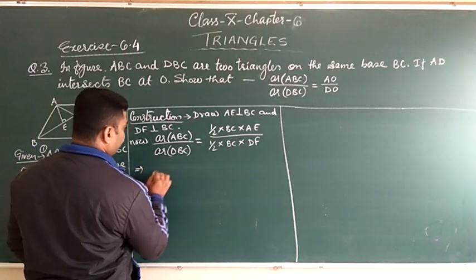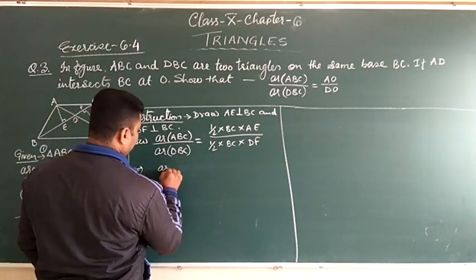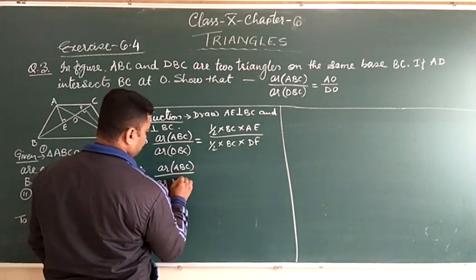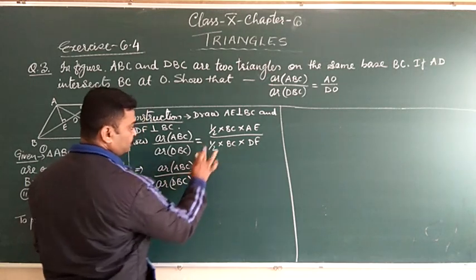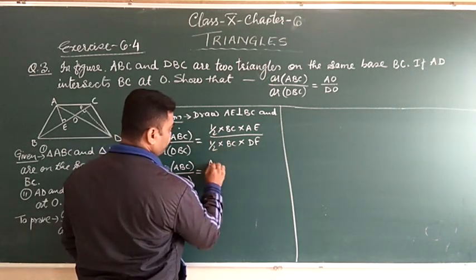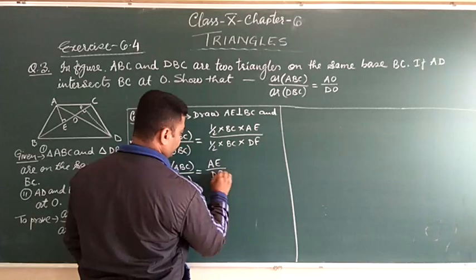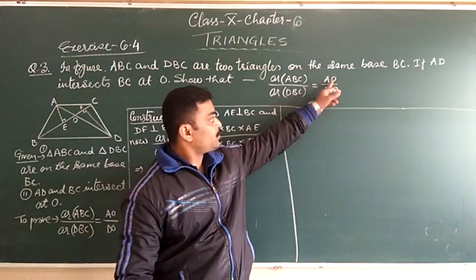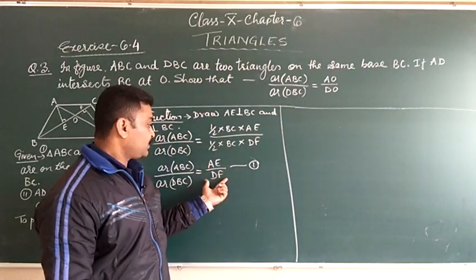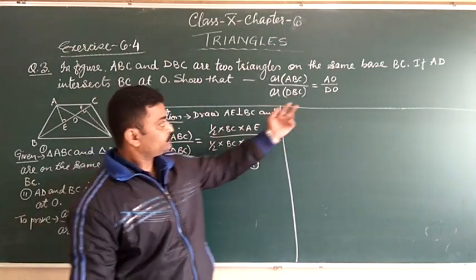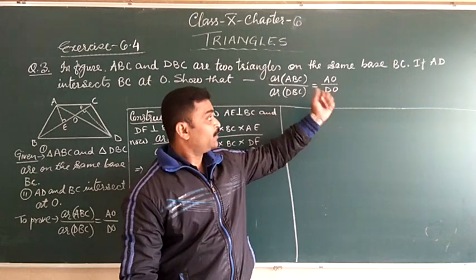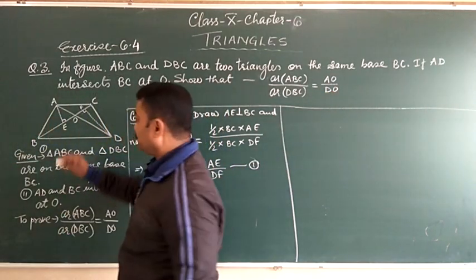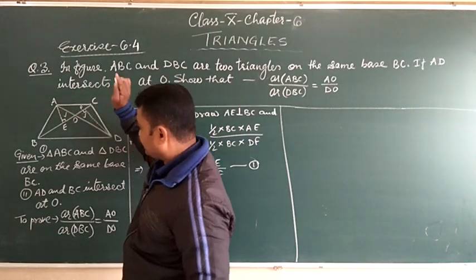This implies area of ABC upon area of DBC is equal to, these two will cancel out, AE upon DF. It is our equation number 1. But we have to prove AO upon DO, so in place of AE upon DF, we will have AO upon DO.